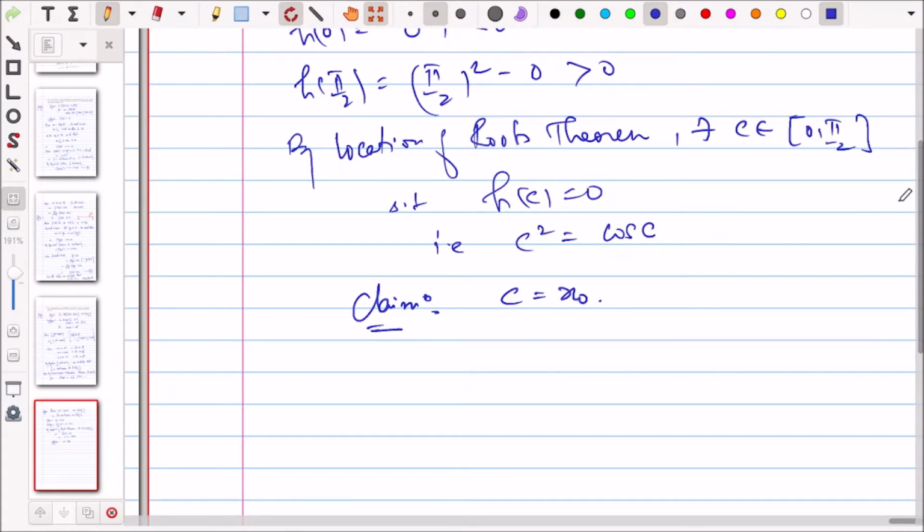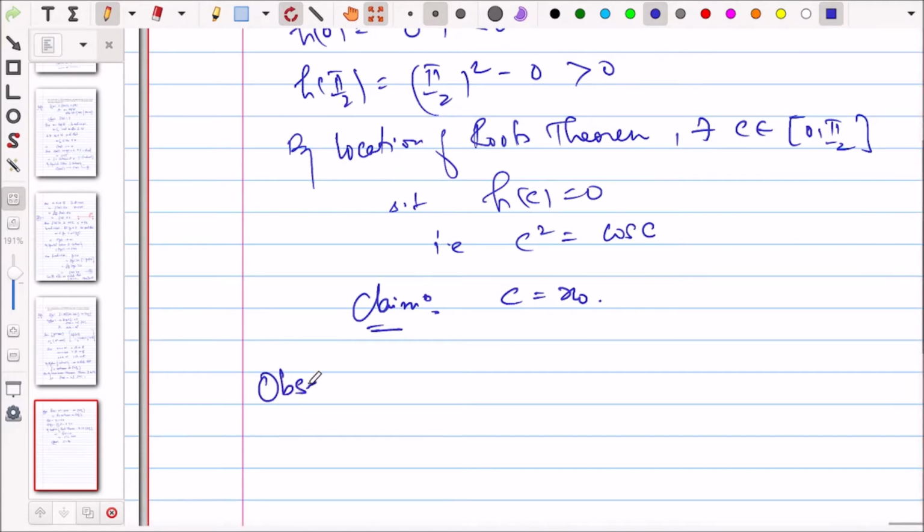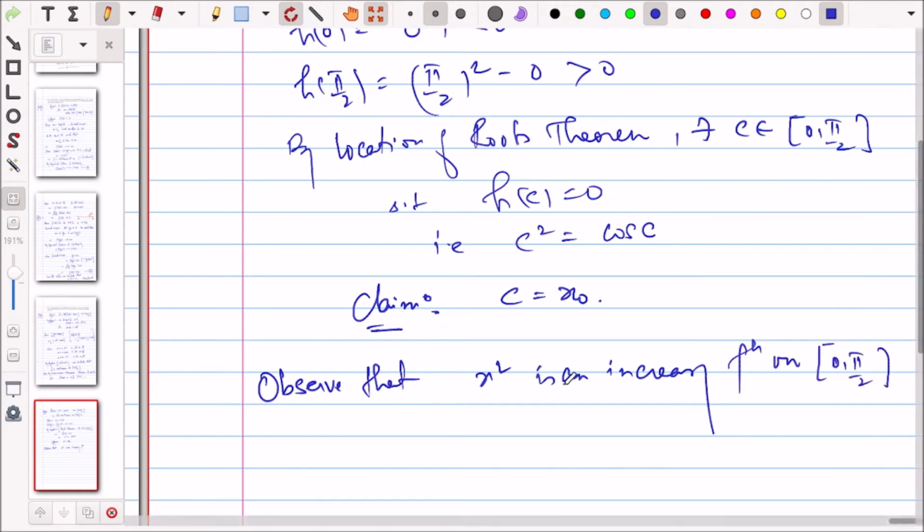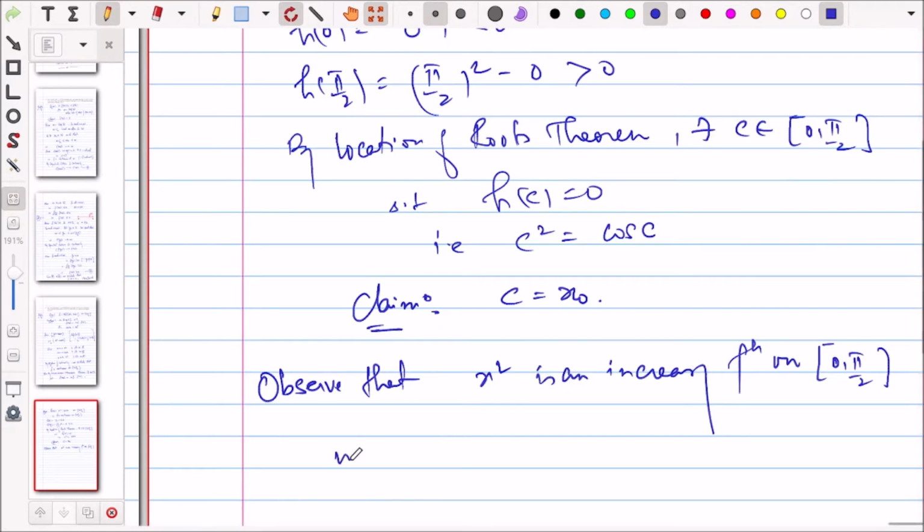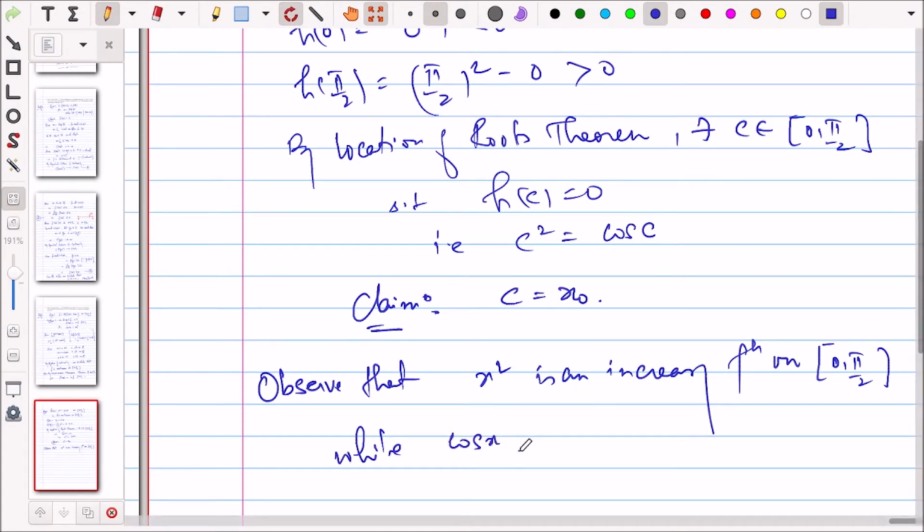Now for that, observe that x square is an increasing function on 0 to pi by 2. It is easy to see that this is an increasing function on 0 to pi by 2, while cos x, because it takes values from 1 to 0, is a decreasing function.